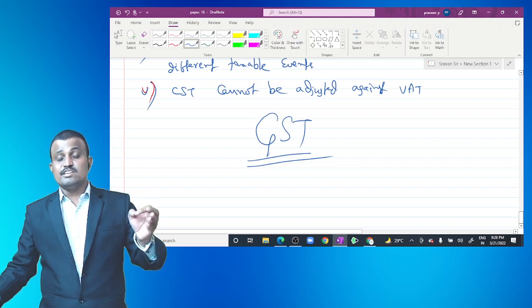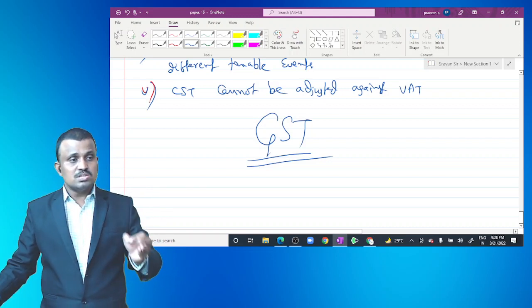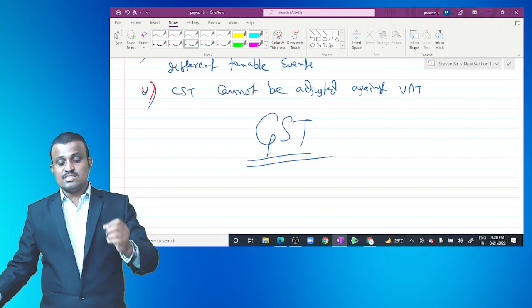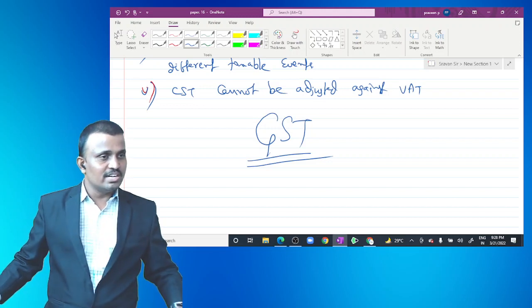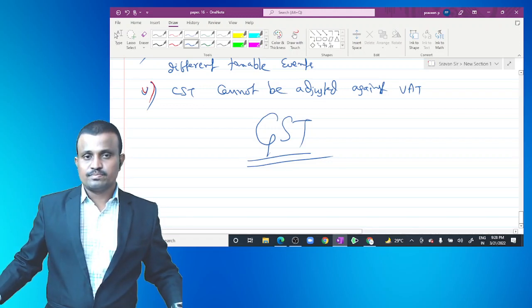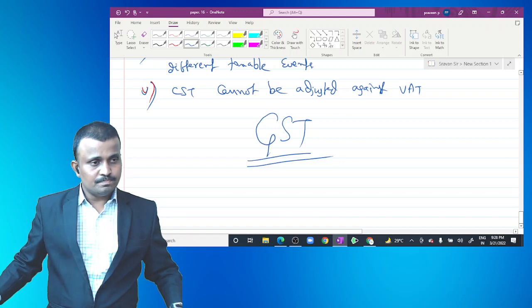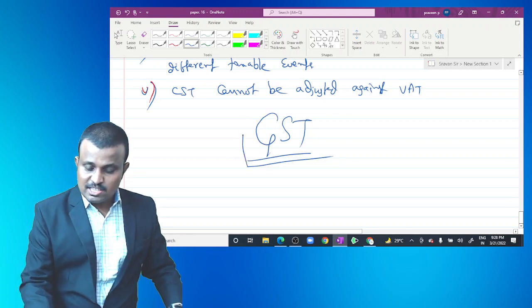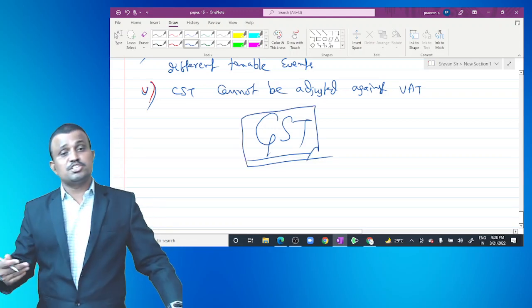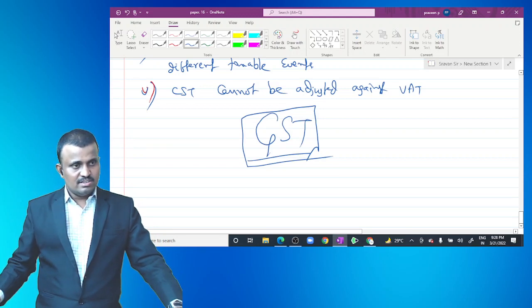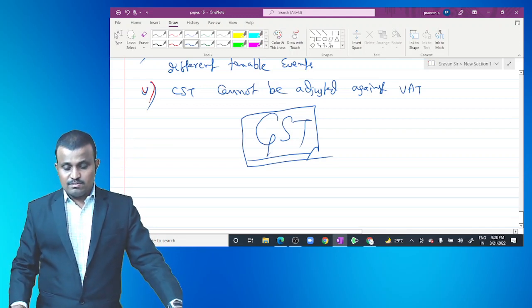So tax is imposed on goods and services. This is why GST was introduced in India. Okay. So this is the basic concept relating to the introduction of GST. Then we will discuss the remaining in the next class. Okay.